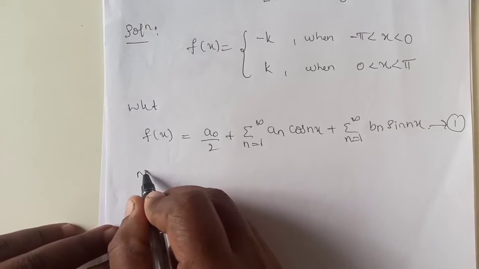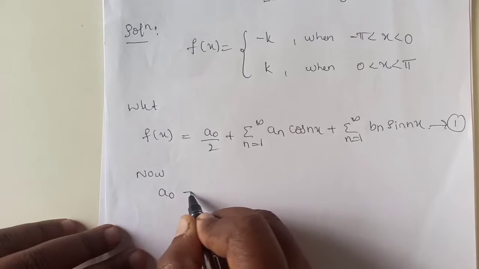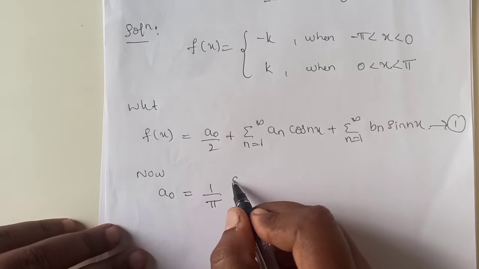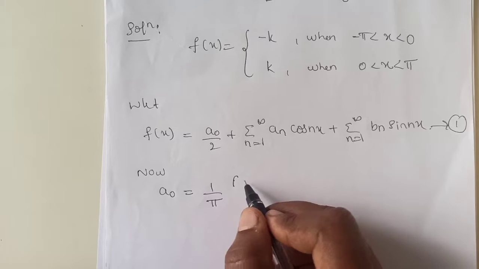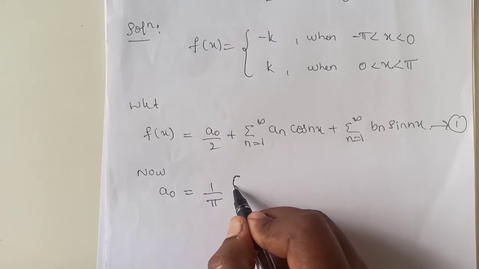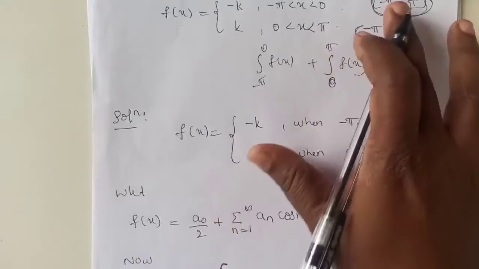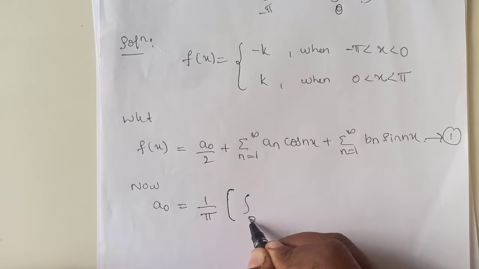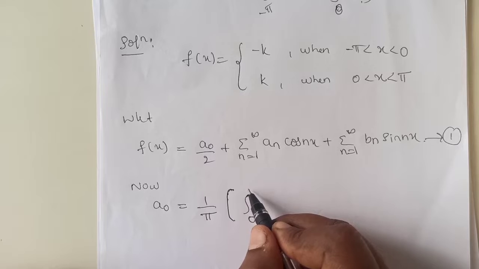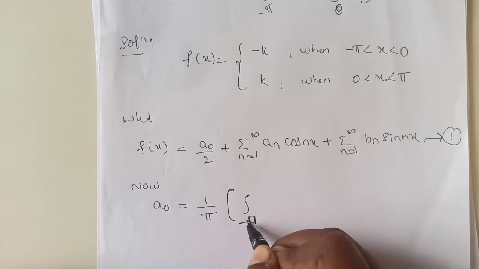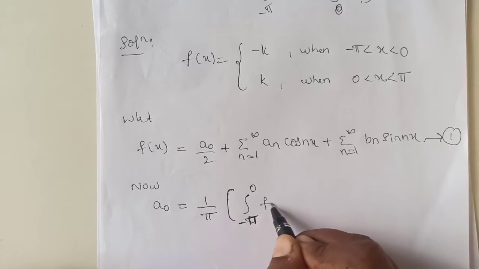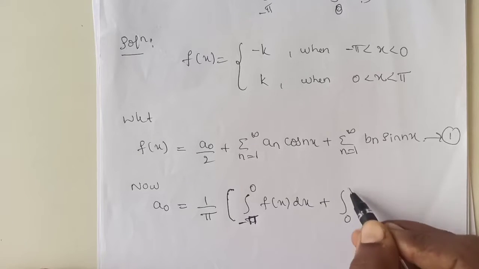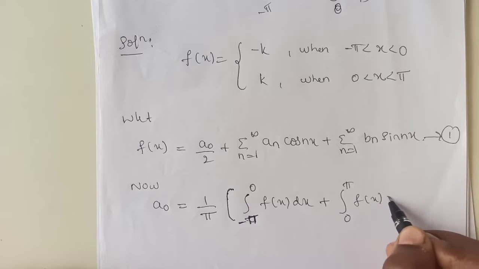Now for a naught we consider 1 by pi. So here actually we have the formula integration of f of x dx. Since here the given interval is divided into two intervals, therefore we should consider it as integral minus pi to 0 f of x dx plus integral 0 to pi f of x dx.